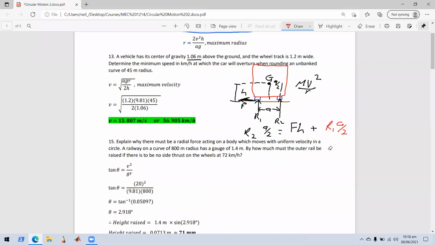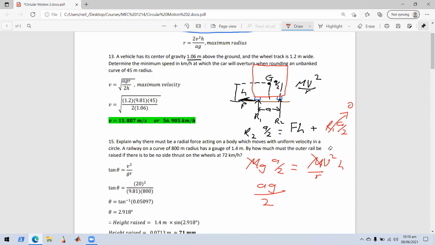So if one of these is going to go to 0, let's say this one goes to 0 because it's going to shift onto one wheel, we're left with something like R2, which is of course mgA divided by 2, and F, which is mv squared R times H. Simplifying this, taking out the m's, we get gA divided by 2, or Ag divided by 2, right?